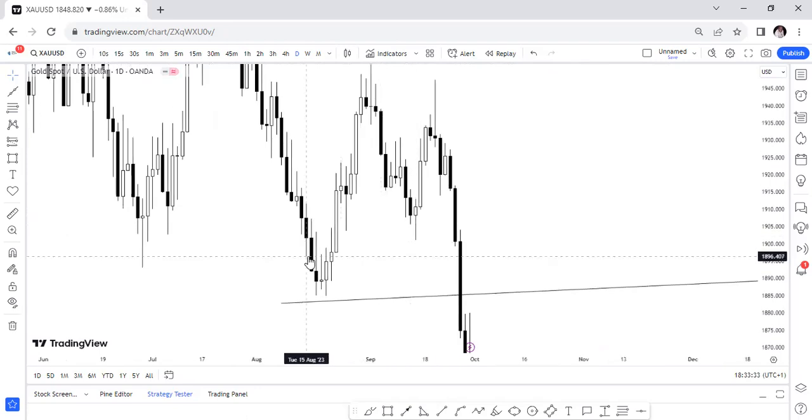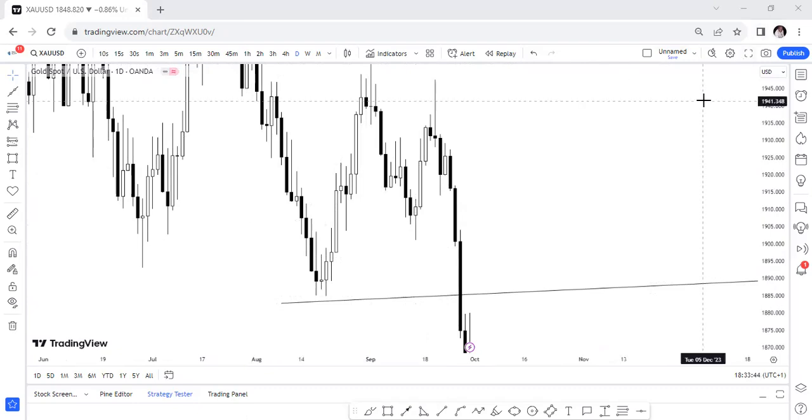So that's how to set your trend line. Then under your trading platform, which is MT4, let's go and see MT4.